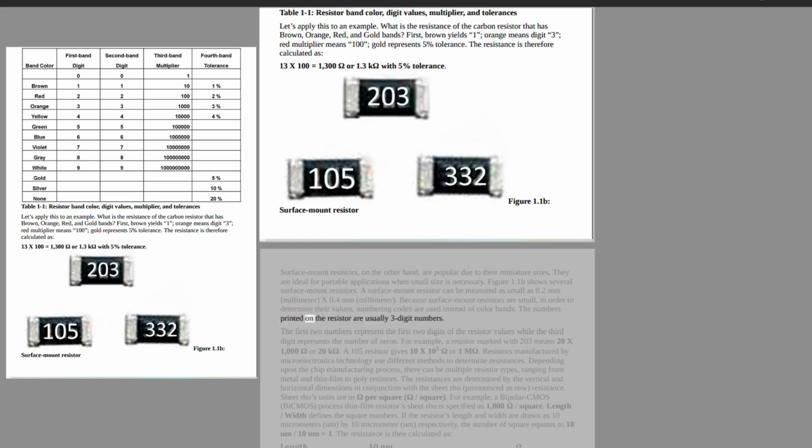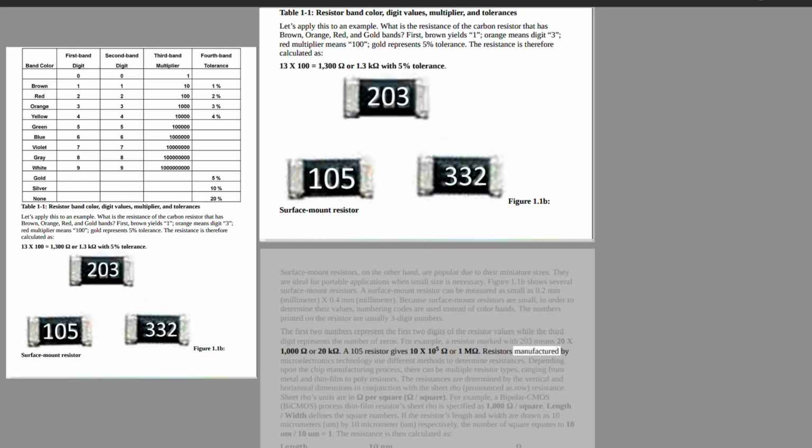The numbers printed on the resistor are usually 3-digit numbers. The first 2 numbers represent the first 2 digits of the resistor values, while the third digit represents the number of zeros. For example, a resistor marked with 203 means 20 x 1000 ohms or 20 kΩ. A 105 resistor gives 10 x 10^5 ohms or 1 MΩ.